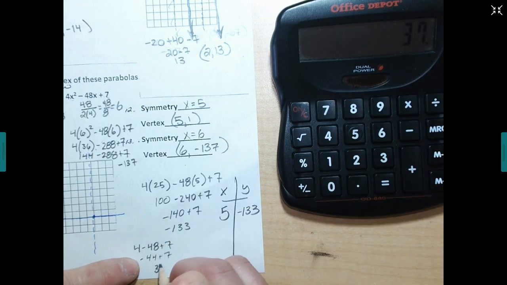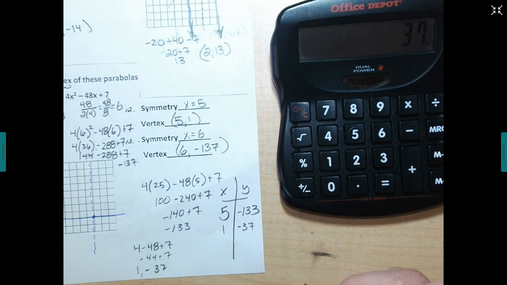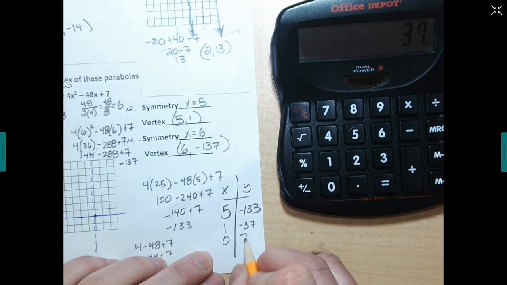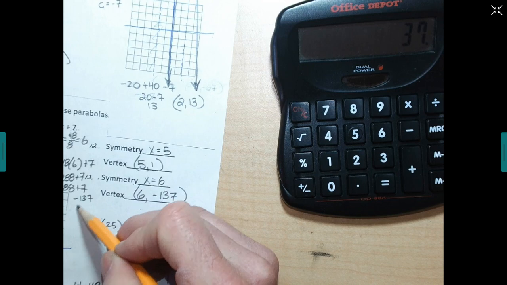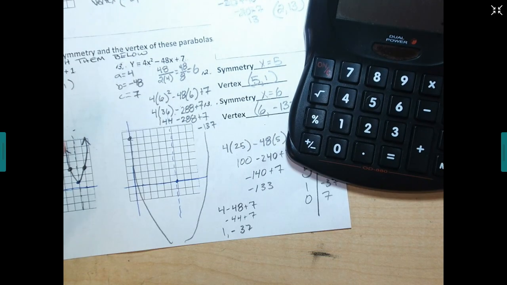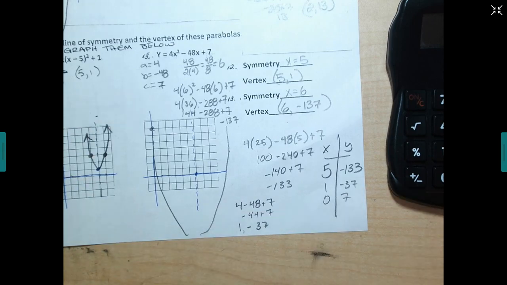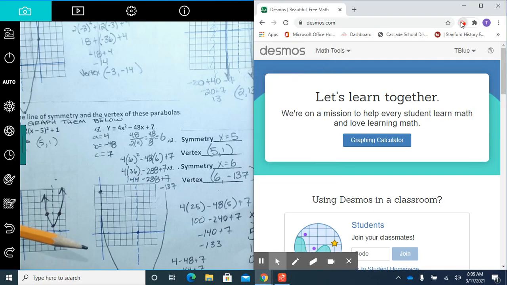So we get 1, negative 37. Well, let's check 0. So 0, 7. Okay. 0, 7. So there we go. Man, that is a steep parabola. Okay, there you go. Hope you did well, and we will see you in class. Let me know if you have any questions.